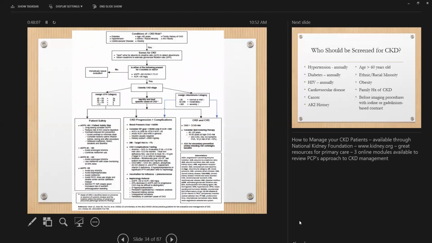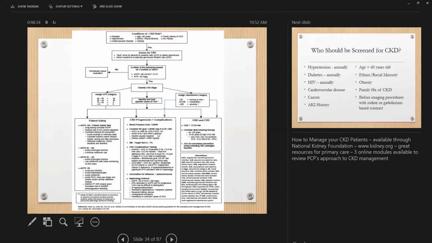This is a really, really nice tool for you guys to have, because it walks you through not just diagnostically what you're supposed to do, but if you find that the person is developing disease, how are you supposed to work with this? And it tells you, okay, if their BP is like 130/80 and their ACR is above 300, here are some things that you should do.